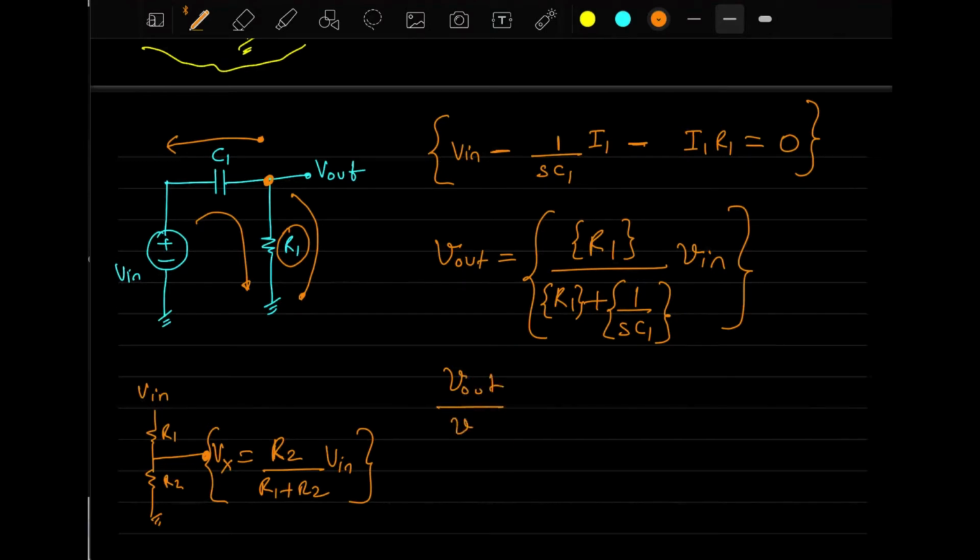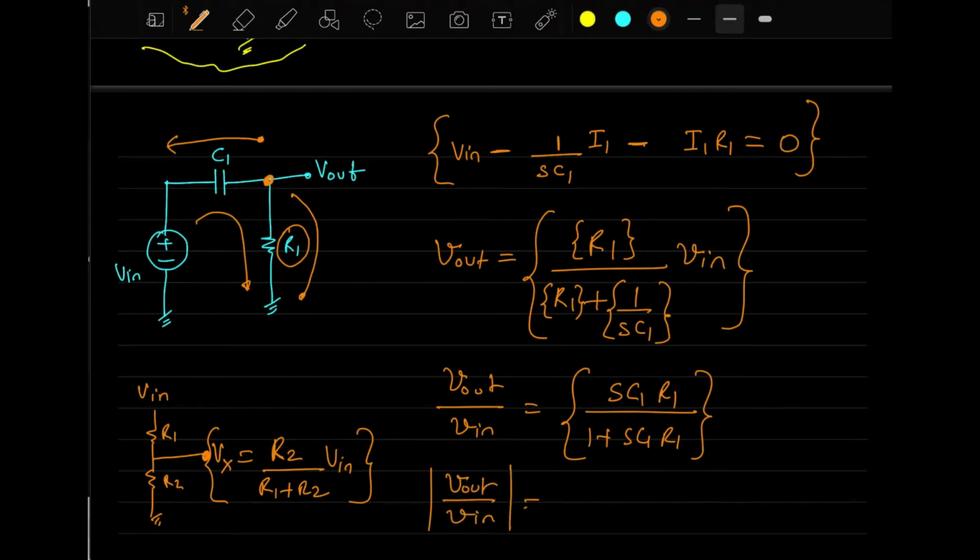So V out by V in is nothing but SC1 R1 over 1 plus SC1 R1. In this circuit, if you want to write the absolute value of the voltage gain, because it's a complex number, since S is normally written as S equal to j omega, you calculate the modulus by substituting this here.